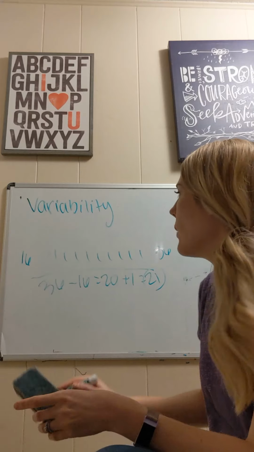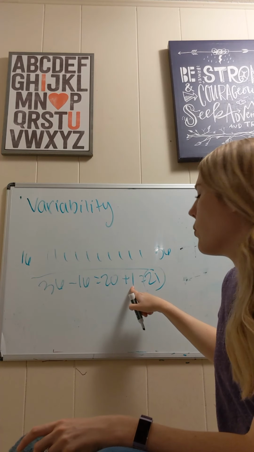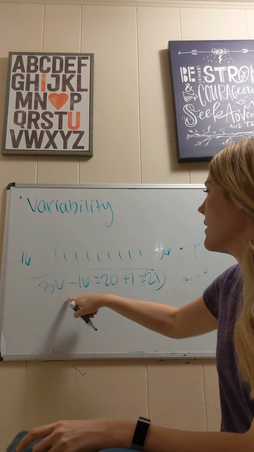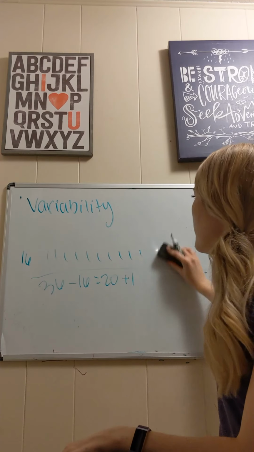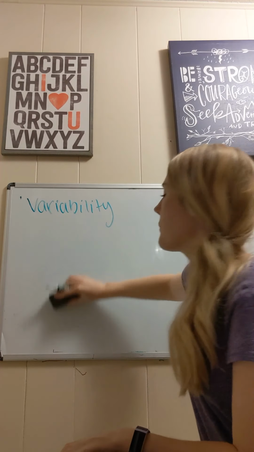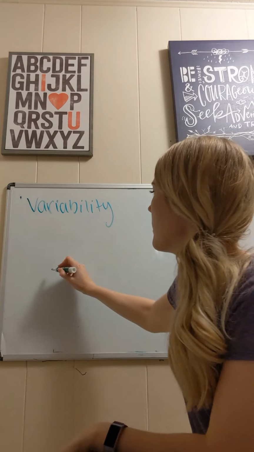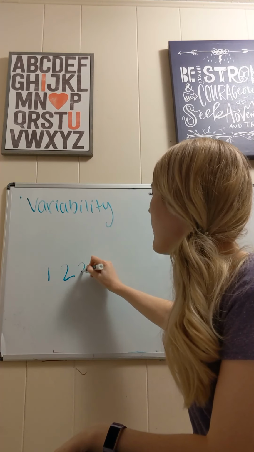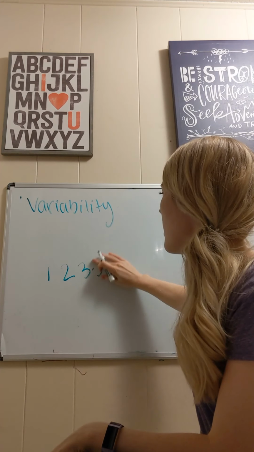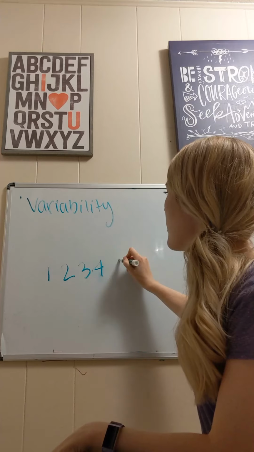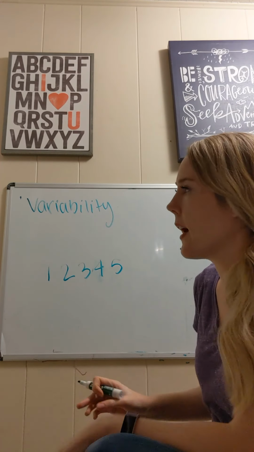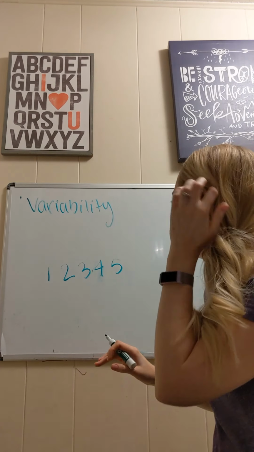Now you might be asking, why are we adding a 1 here? Why aren't we just minusing these two numbers? Well, I will show you. Let's do it very clearly. I'll list out all the attributes. Let's say all the attributes are the numbers 1 through 5. Let's say it's a Likert scale, and those are the only options that you can choose.